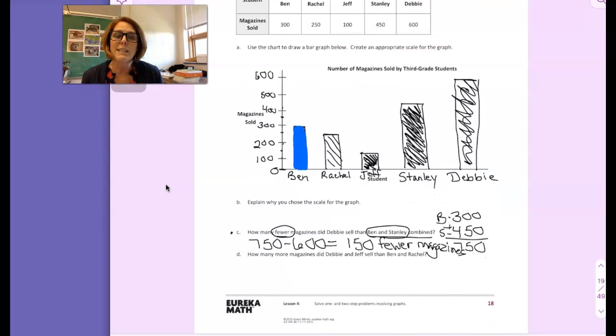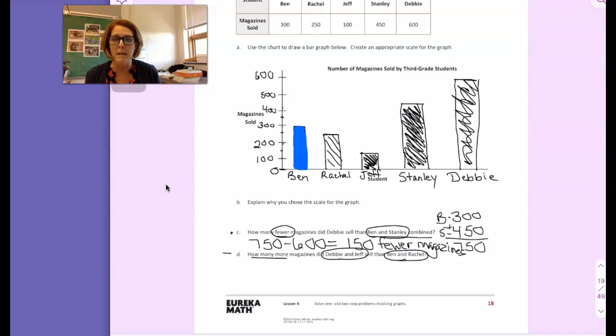Let's take a look at letter D. How many more? Again, how many more are clue words that we are going to subtract. How many more magazines did Debbie and Jeff sell than Ben and Rachel? So I'm comparing those two totals, the total of Debbie and Jeff and the total of Ben and Rachel.